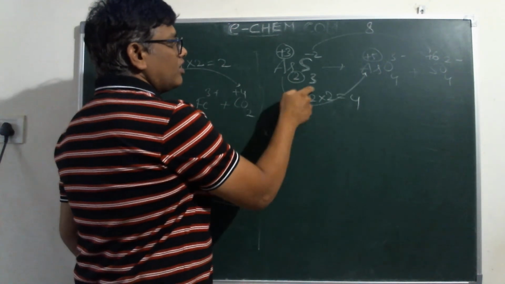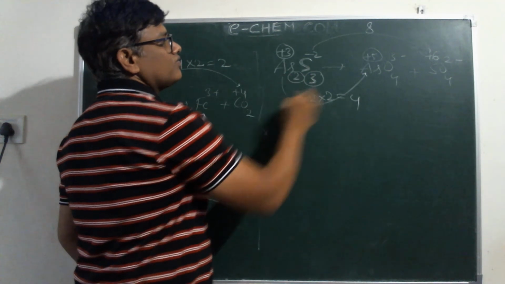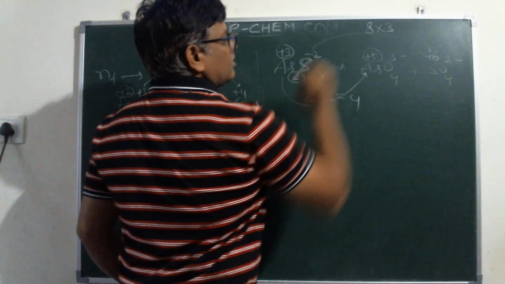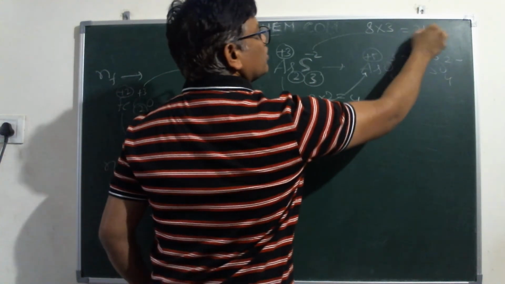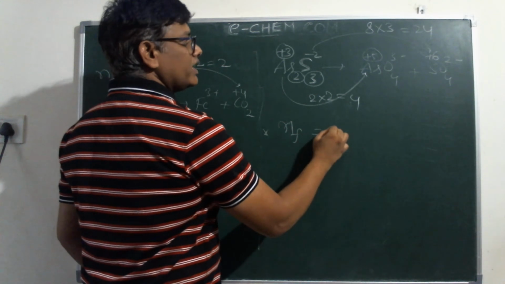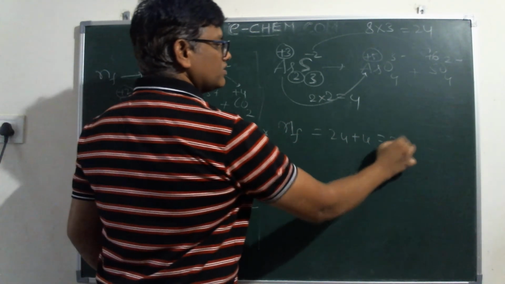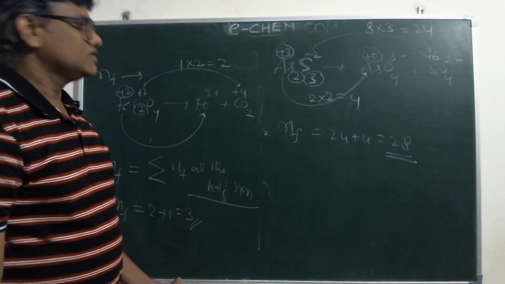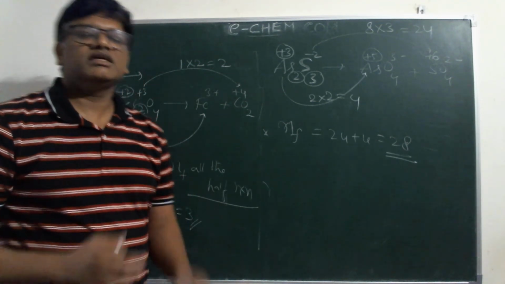So 1 mole of compound is having 3 moles of sulfur, that's why I have to multiply by 3. So obviously total we get here 24 and then here 4. So the n factor for the above reaction is 24 plus 4, that is equal to 28. Right. So like this we can go for the n factor calculations.